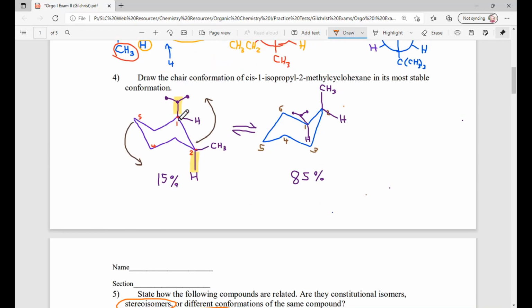Where it's still the same relative positions, one's up and one's down, but they have different axial or equatorial arrangements. So that would be different conformations of the same compound. Basically they're rotated a little bit differently, but they're still in the same relative positions.